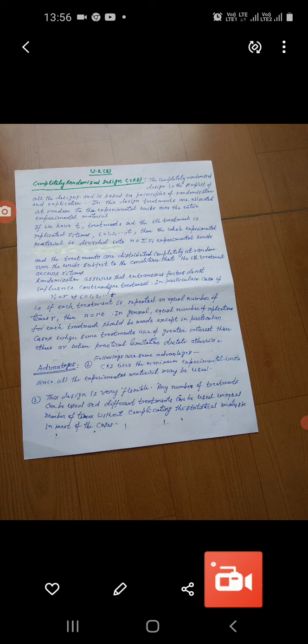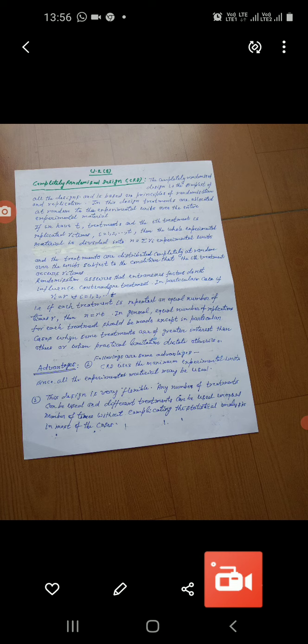Today we will discuss the completely randomized design. What is the completely randomized design? As the name suggests, this is a very simple design. The completely randomized design is the simplest of all the designs, and it is based on the principles of randomization and replication.